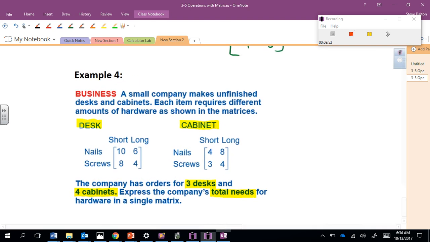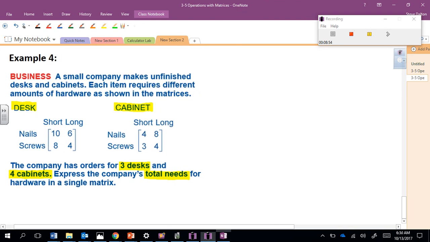So for this one, first of all, let's say that this is going to be matrix A and this will be matrix B. And what it really wants us to find is 3A, and then we want to add to that 4B.